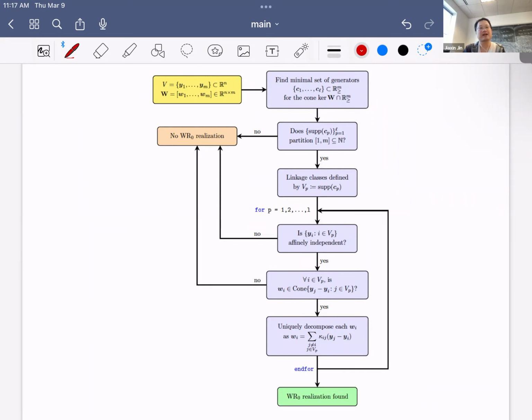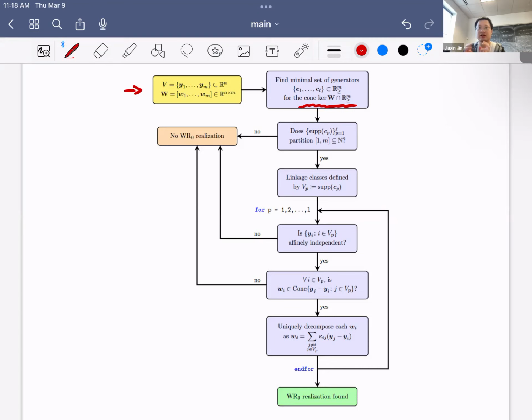So imagine we have a dynamical system and we have our right-hand side. By looking at the monomials in the right-hand side, we can first derive the vertices. This flow chart is telling us that if you collect the monomials and the corresponding net reaction vectors, and the matrix of the net reaction vectors, then you just need to figure out the generators of the cone of the kernel of W intersect with the positive orthant.